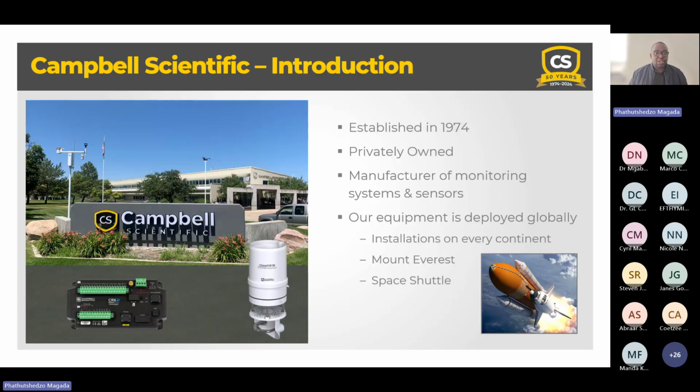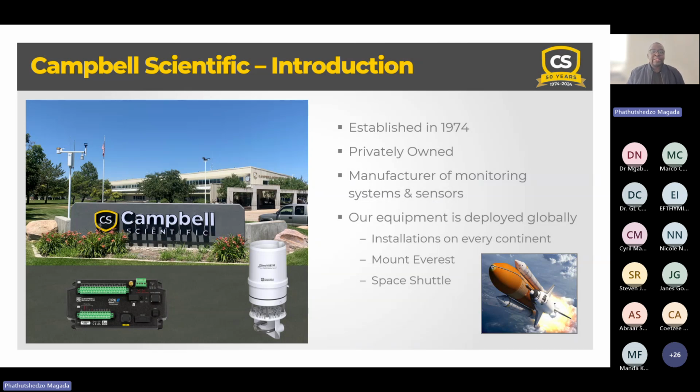Before we dive into our discussion, I would like to give a little bit of overview of Campbell Scientific. Campbell Scientific was founded in 1974 by Eric and Evan Campbell in Logan in the USA.